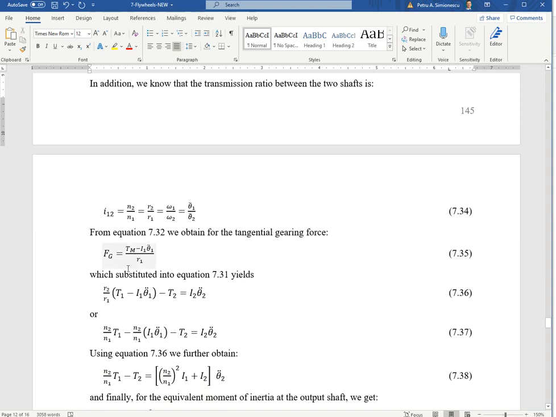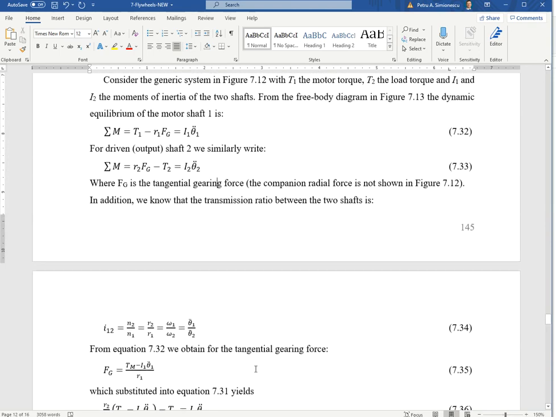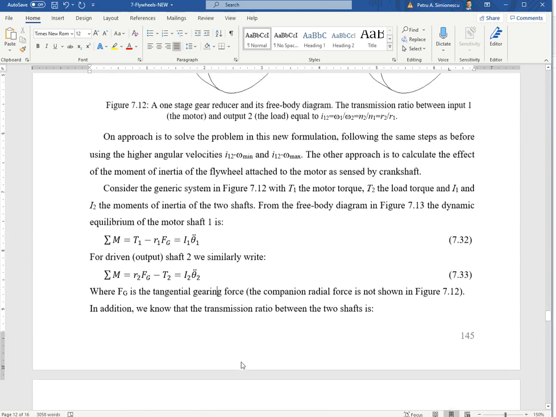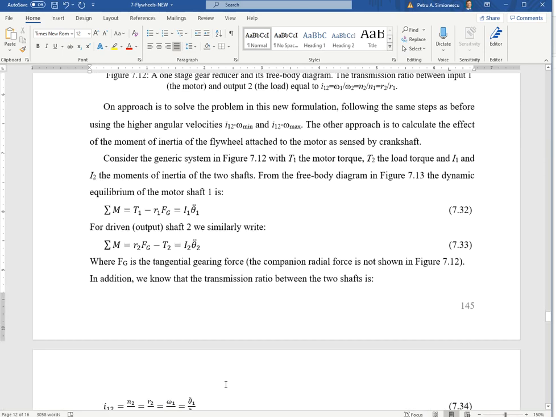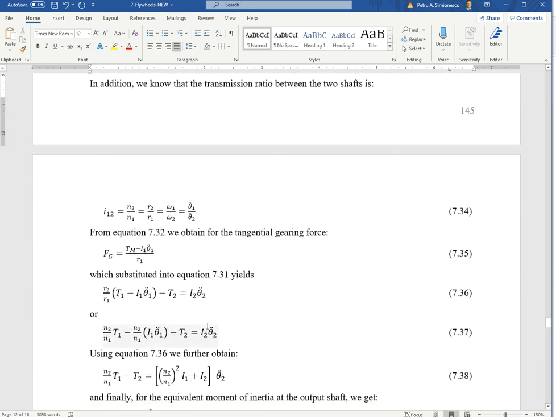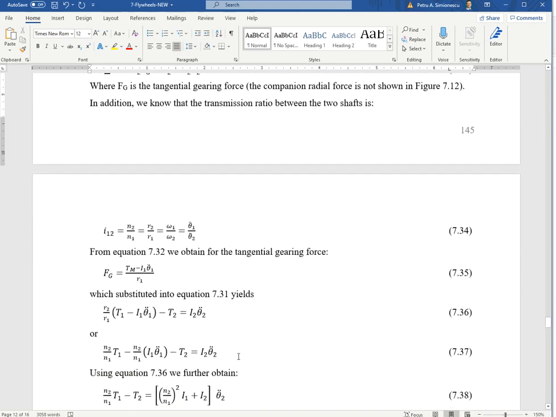Okay, so eliminate the tangential force between the two equations, and we go back and substitute it into, I think it should have been equation 32, and we substitute in 33.